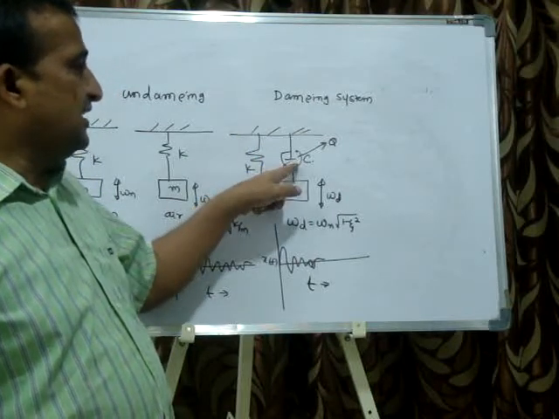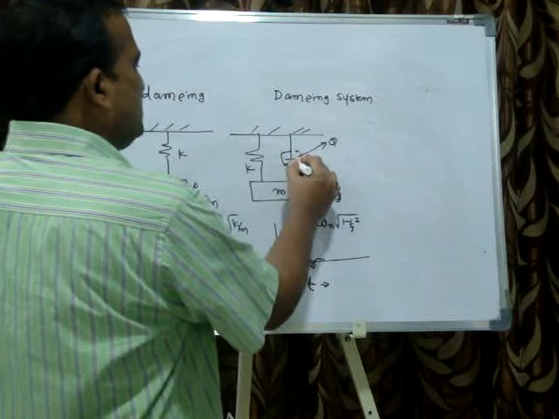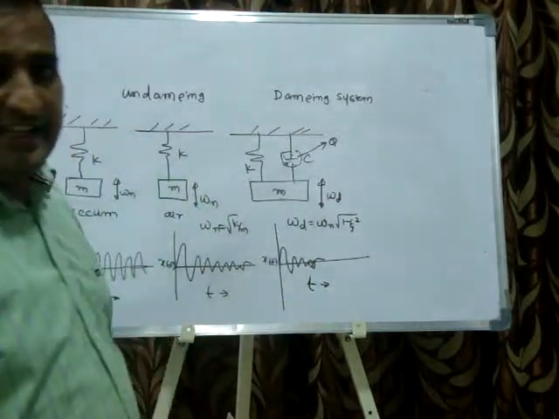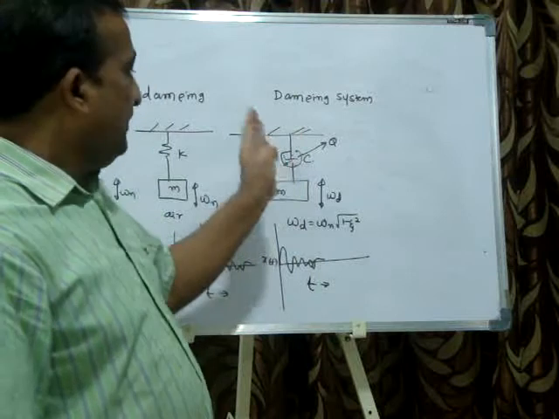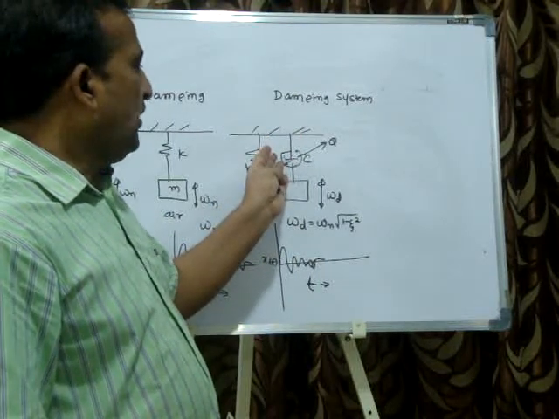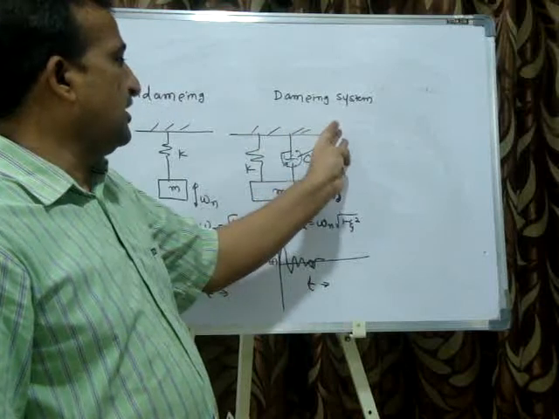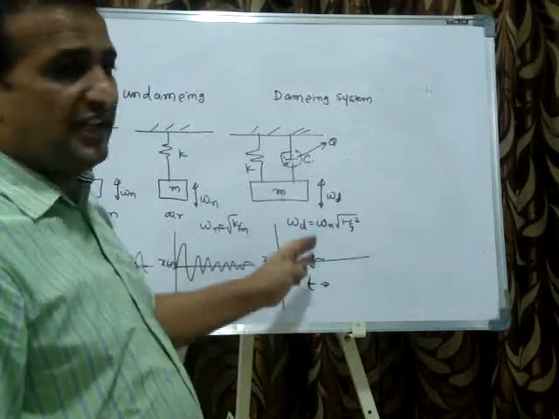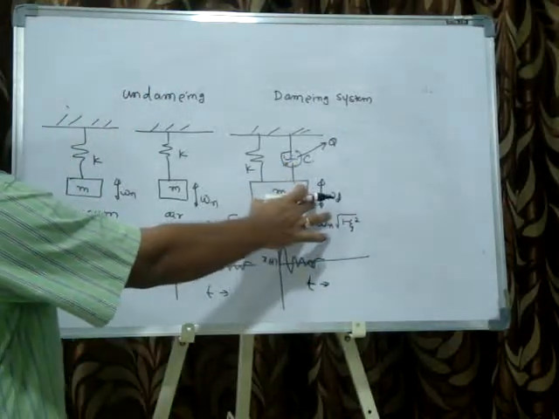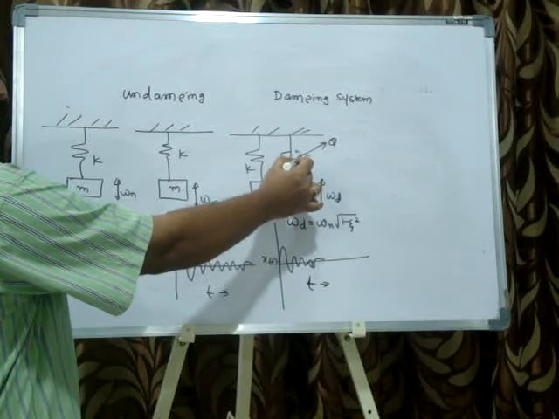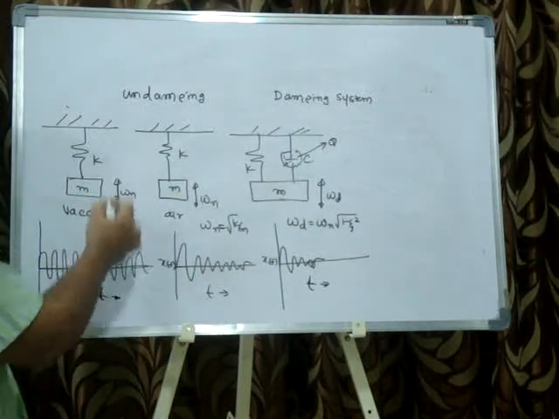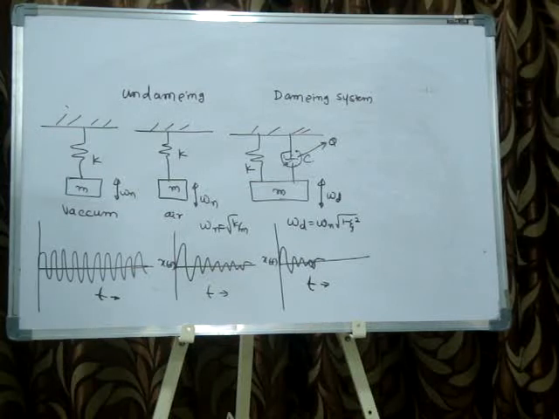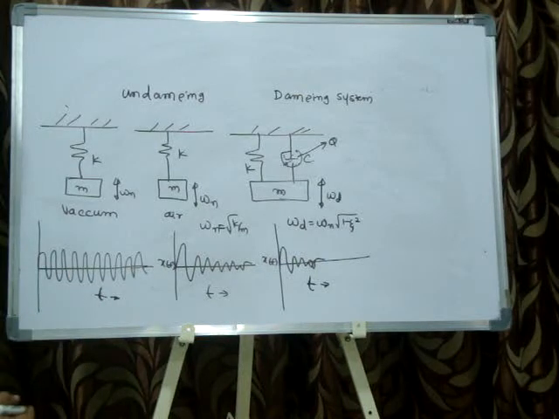But during one cycle, in the damper there is viscous oil, which is incompressible, so the temperature of the oil increases. The heat transfers to the atmosphere per cycle, removing the energy. When it removes all the energy, the mass comes to rest. Here the mass comes to rest as early as possible because there is a damper. Here there is less damping. Here no damper. Is it right?